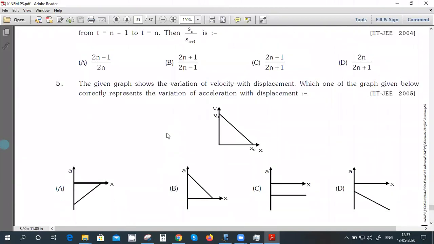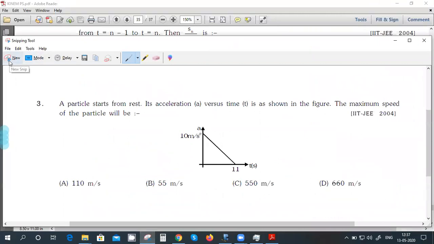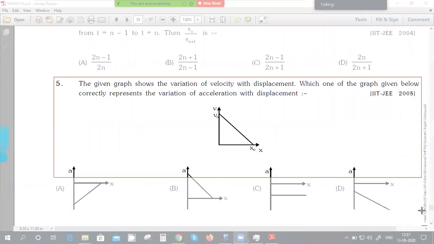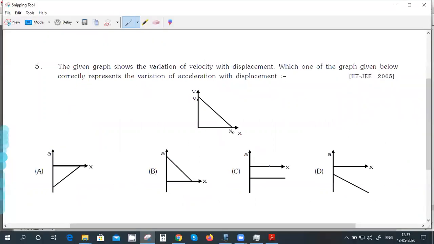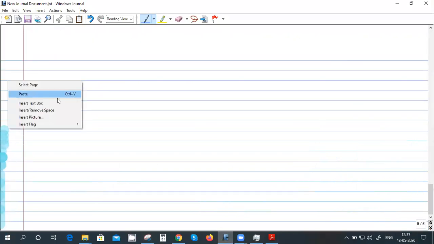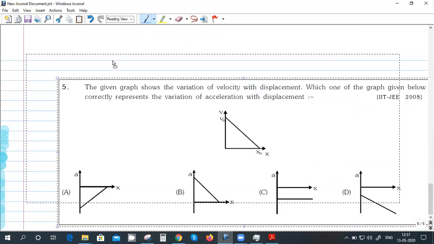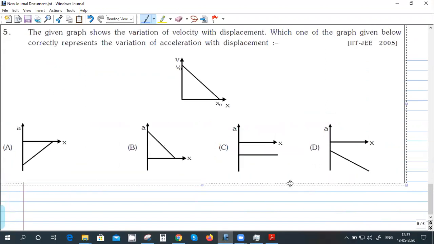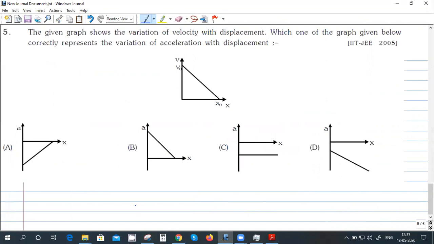Okay, next try the fifth one. Try this one.